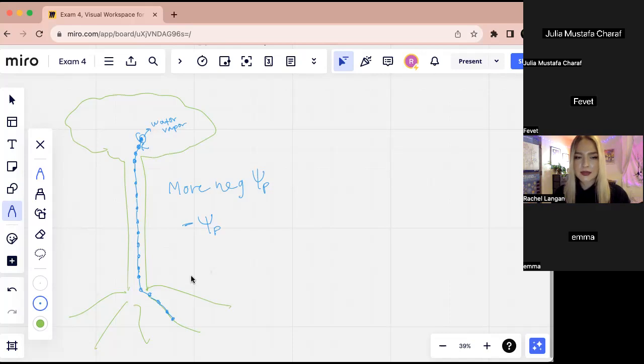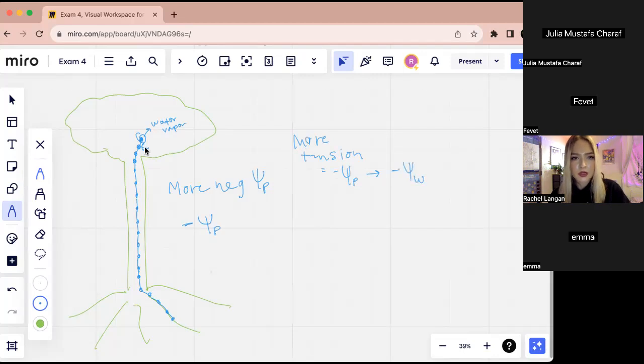But the key is you should also think more tension. More tension equals more negative pressure, so becoming more negative, which would cause a more negative water potential.